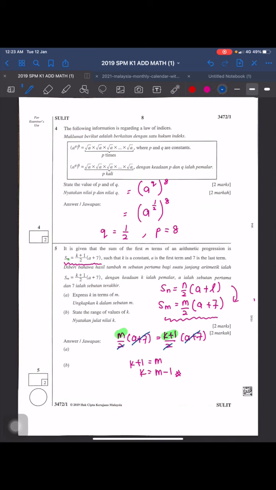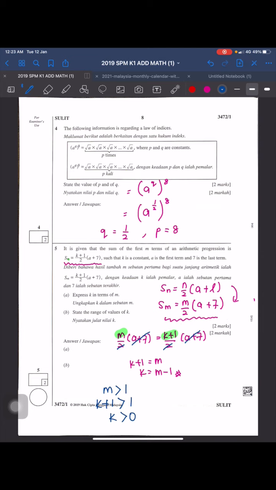Kita boleh katakan, okay, M must be more than 1. Okay. So, kita tahu M sebenarnya adalah K plus 1. So, K plus 1 is more than 1. So, K is more than 0.